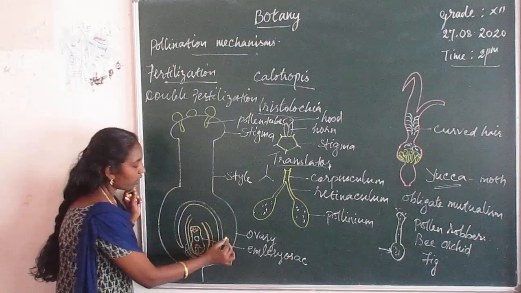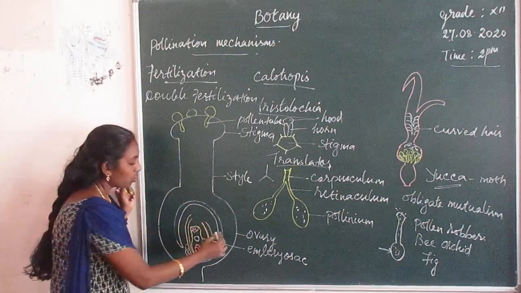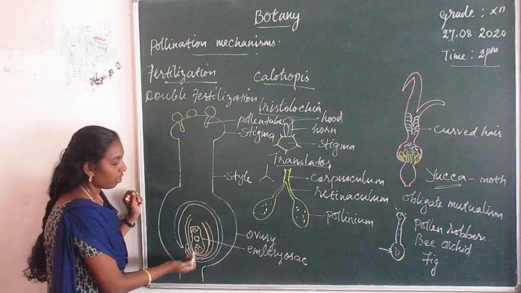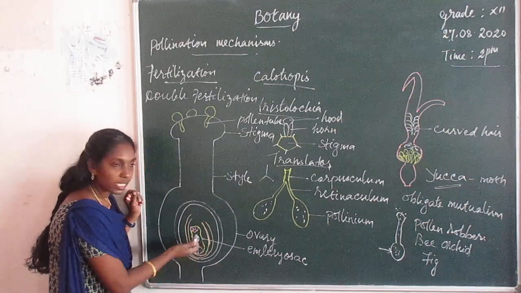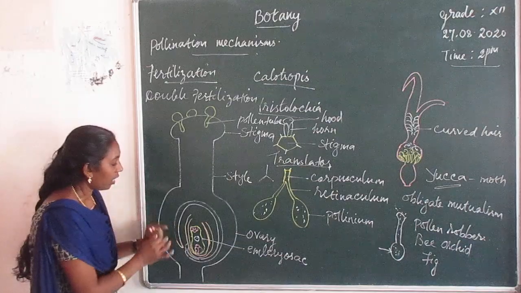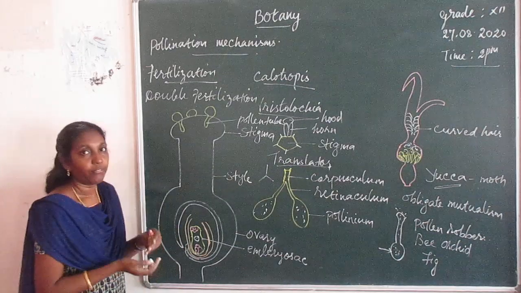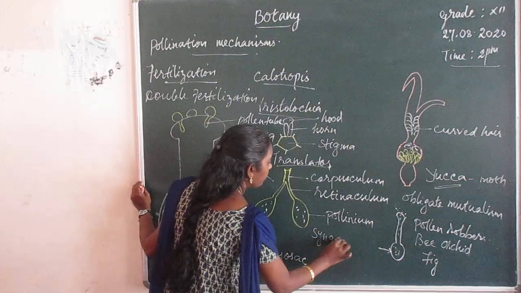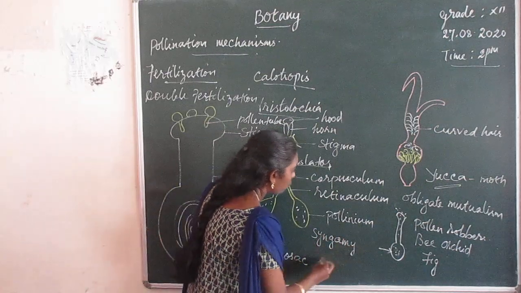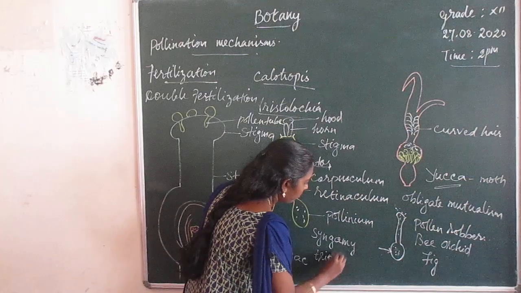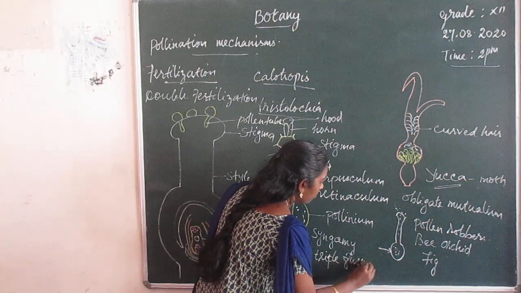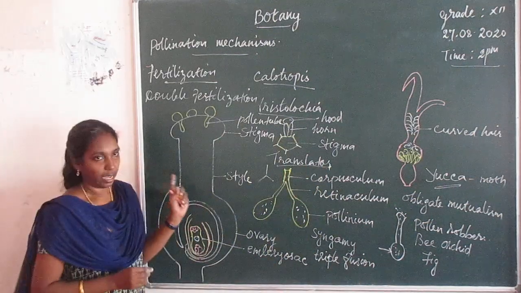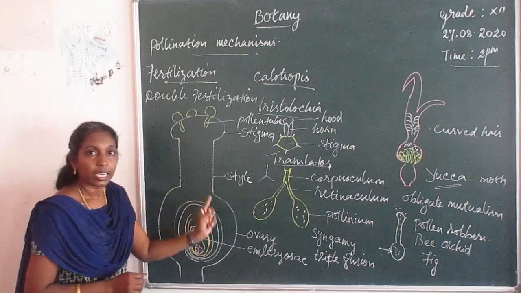Then the pollen tube is directed to enter the embryo sac. Then there are two processes, syngamy and triple fusion, the fusion of male gametes.